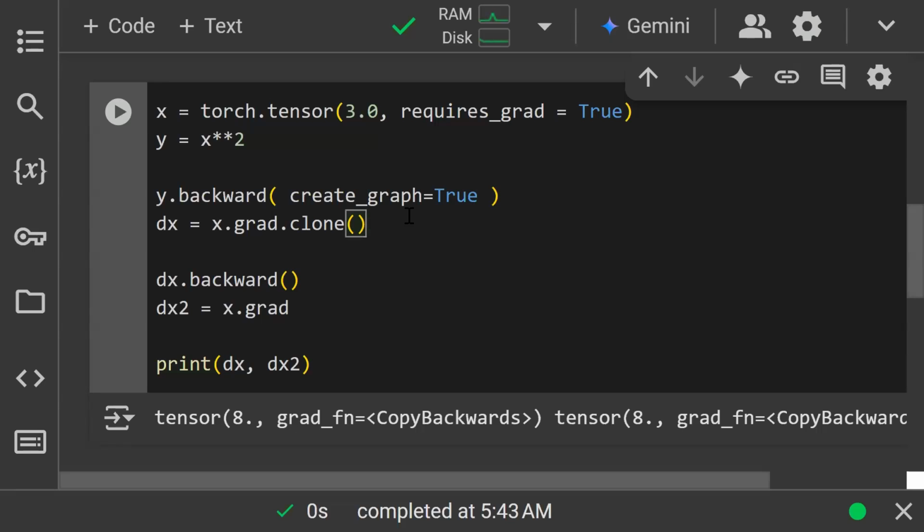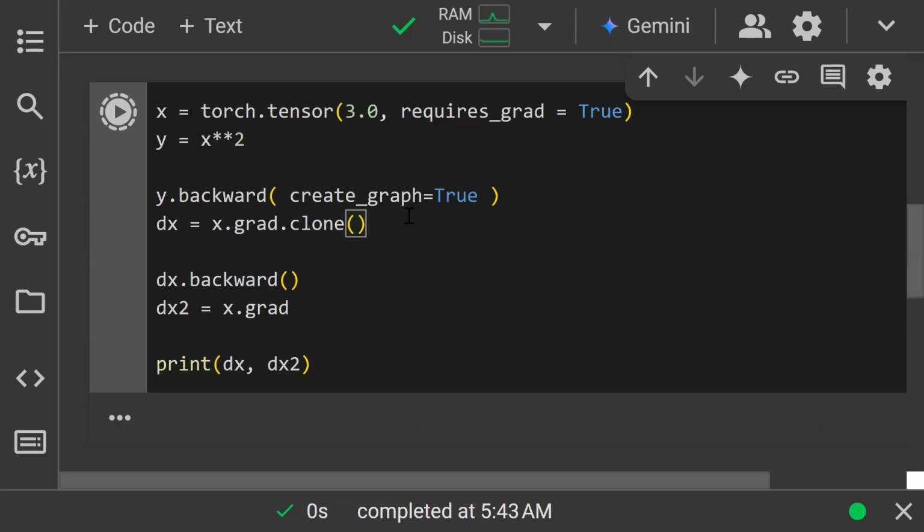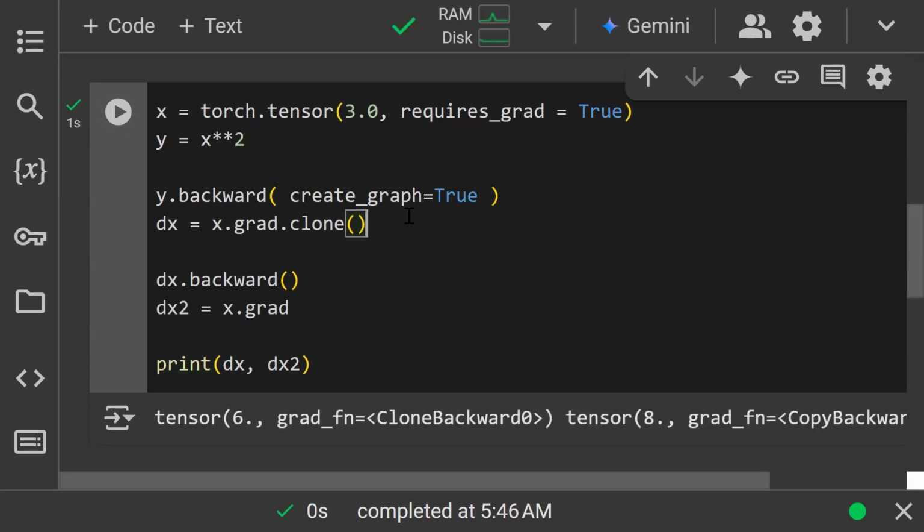Okay. And then if you run the code, now we're actually assigning the value. So dx is now a clone of x.grad instead of simply a pointer. And so after running the second line, this is still right as before.